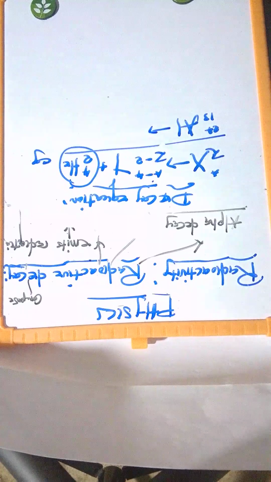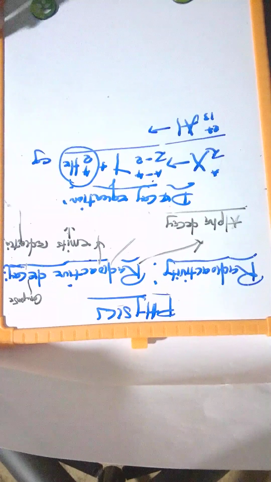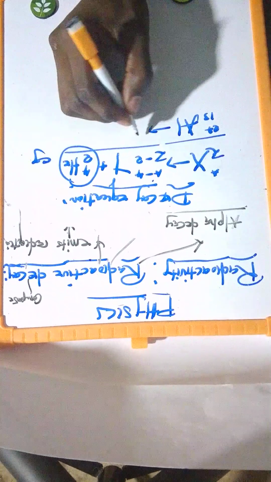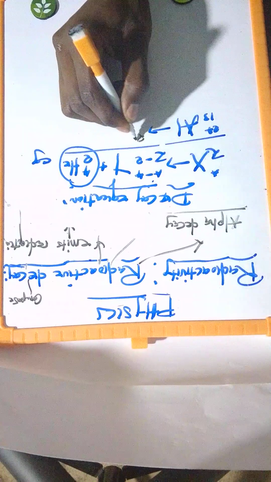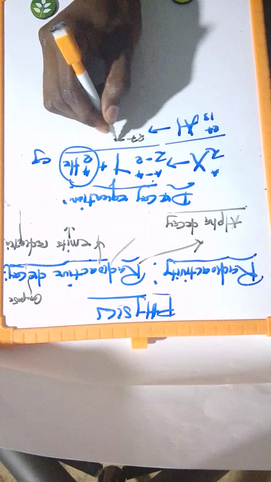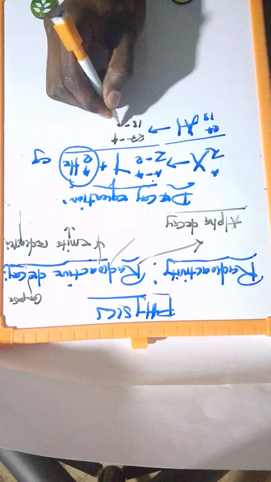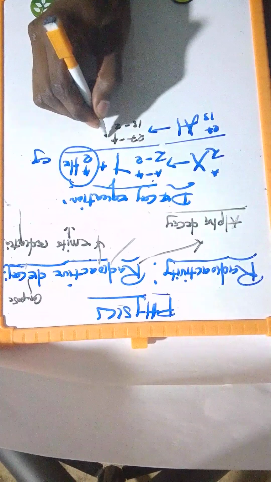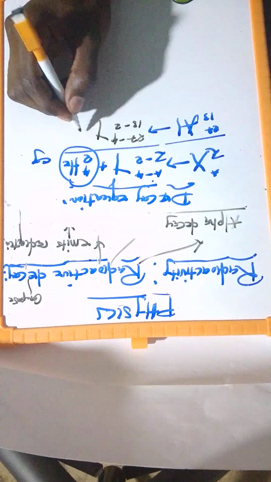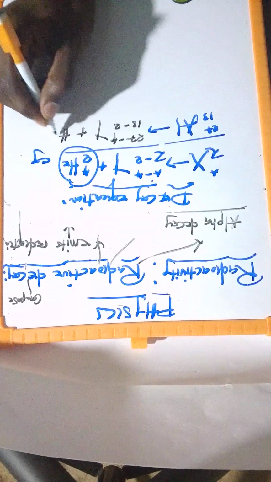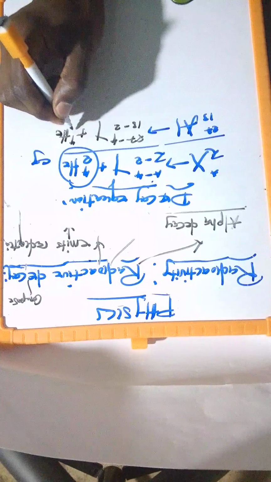So it will be 27 minus 4, then 13 minus 2, then we don't know what will be produced here, plus helium, so 4, 2.